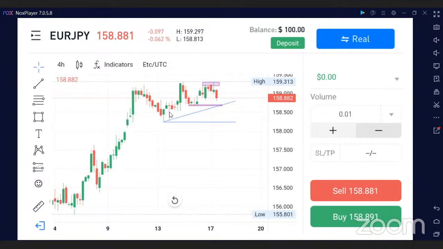Now that we have a candlestick with a very small body, it's telling us there's a rejection here, and the tendency of this market going long is very high. I hope we all understand. I hope you guys are getting it. All right, let's move further then.